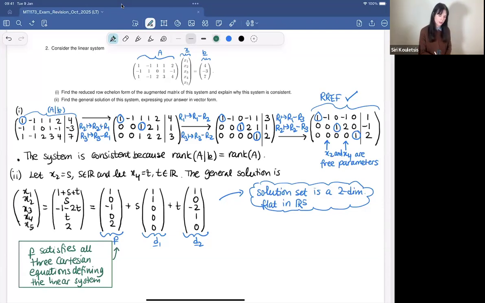Meaning if we plug in x1 equals 1, x3 equals minus 1, and x5 equals 2 into each of these equations, you will get the right-hand side.